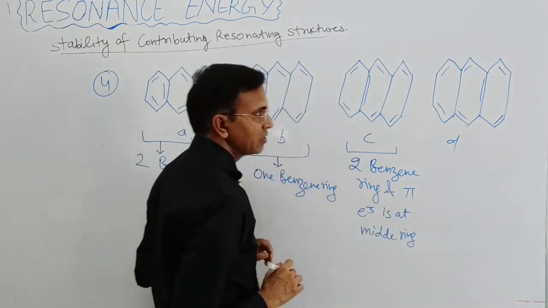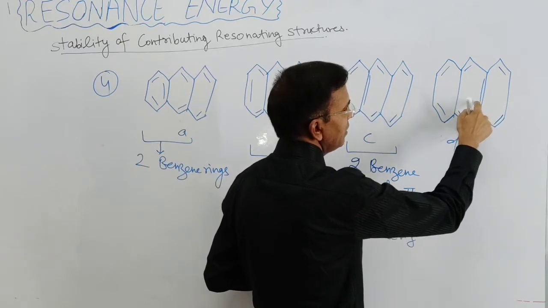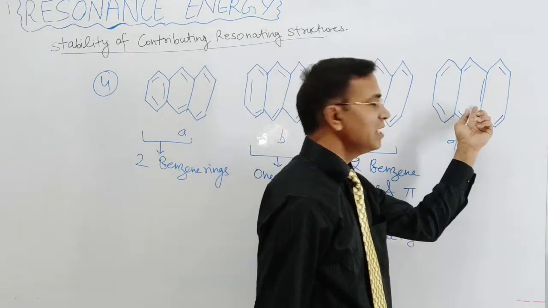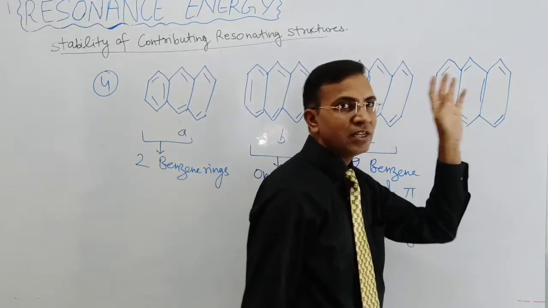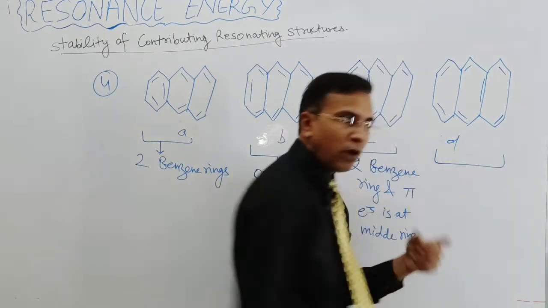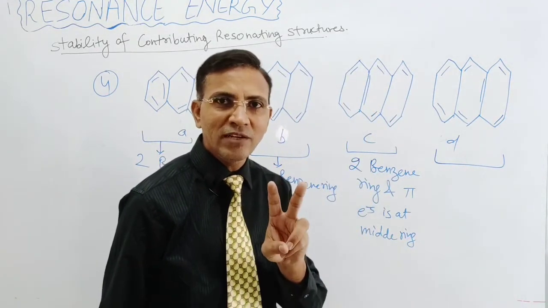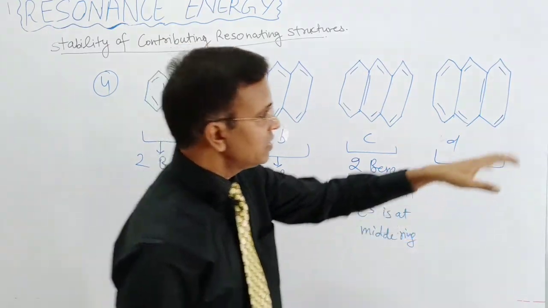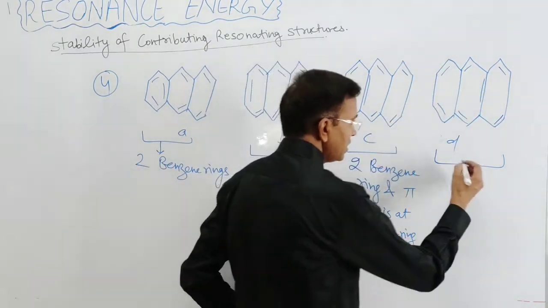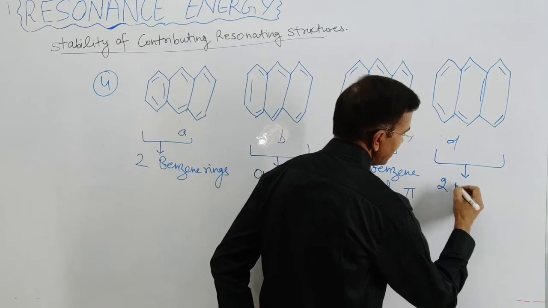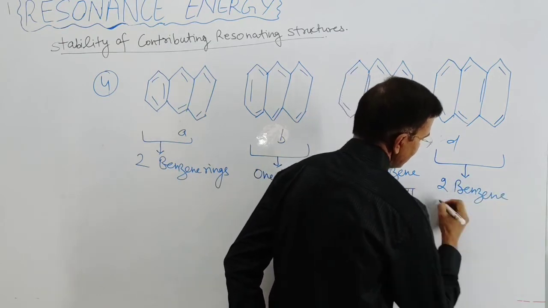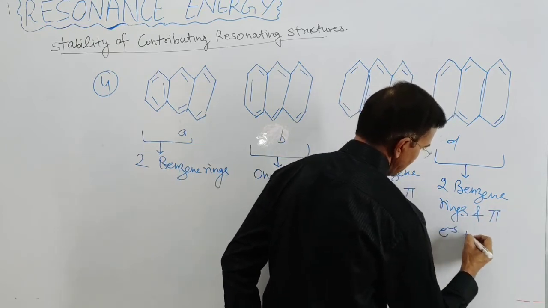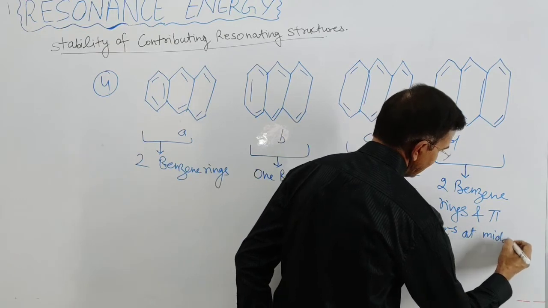And in this case again the pi electrons are in the middle ring. That means it may be delocalized with this ring and with this ring, right? So two benzene rings form at a time, but delocalization is more. Delocalization may take place within the three rings. So two benzene rings and pi electrons at the middle ring.